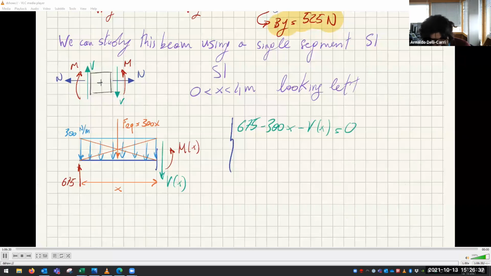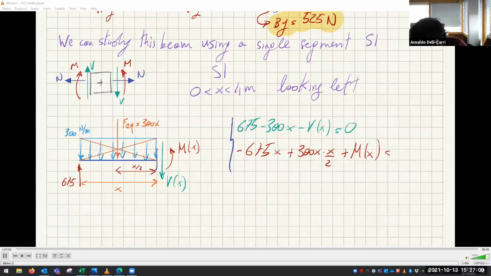And the moment equilibrium is minus 675 times X plus 300X applied, of course, at a distance now of X divided by 2. So 300X of force times X divided by 2 of distance, plus M of X equals 0.